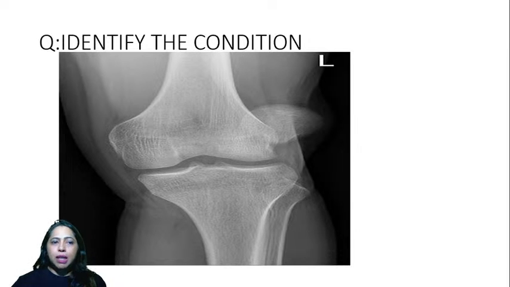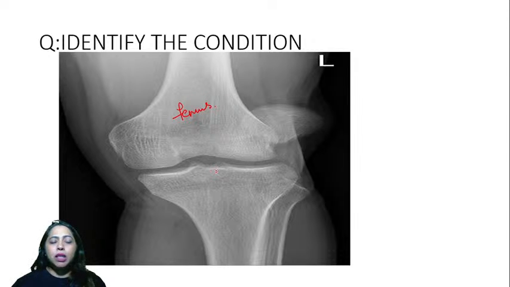The next question says, identify the condition. Now, you have to look at the picture and say, what condition do you think this is? It's an X-ray of which region? You can see the femur.